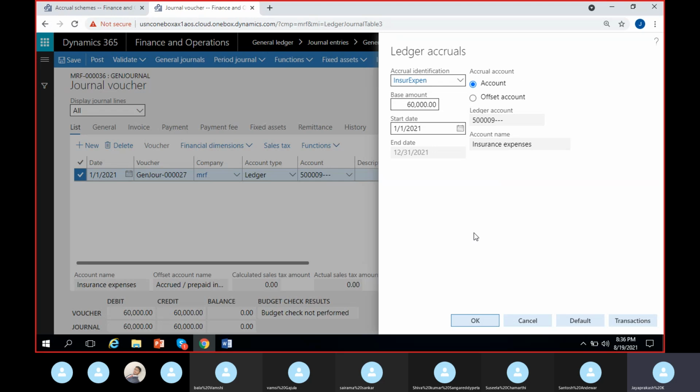Okay. Before I apply this scheme and post the transactions, I can see a draft of the transaction that is going to be created. So how I can see that before I post it is here. I can see how it is going to divide the 60,000 balance. If I click here on transactions, you can see, right?